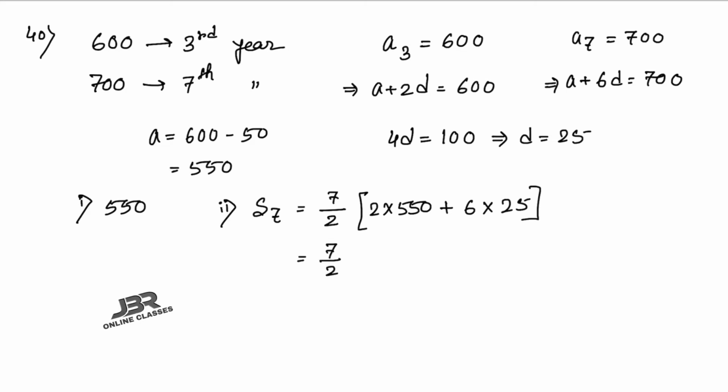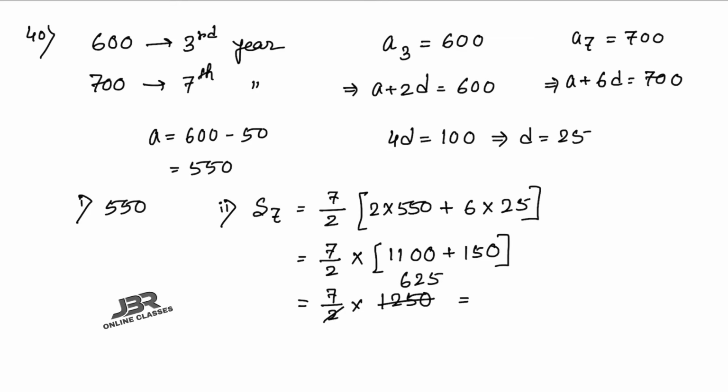So 7 by 2 into 1100 plus 150, which is 1250, so 625. Now 625 into 7 equals 4375. So 4375 is your answer.